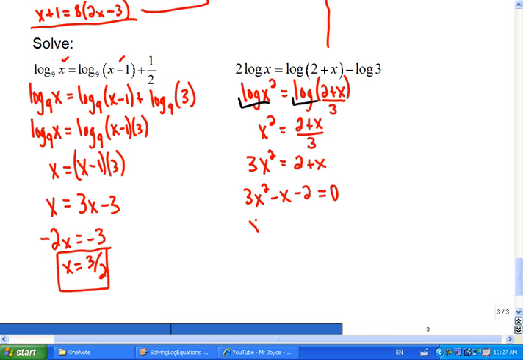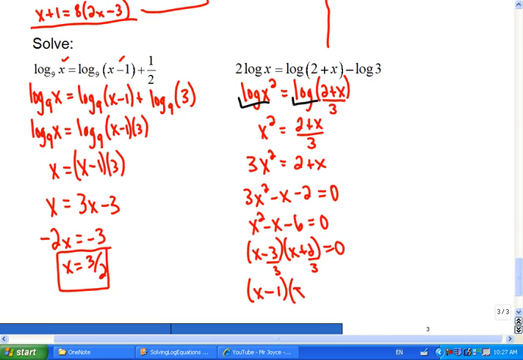And that gives me x squared minus x minus 6. Yeah, that looks better. x minus 3, x plus 2. And even things out. So I'm going to get x minus 1 and 3x plus 2. So my possible answers are x equals 1 or negative 2/3.